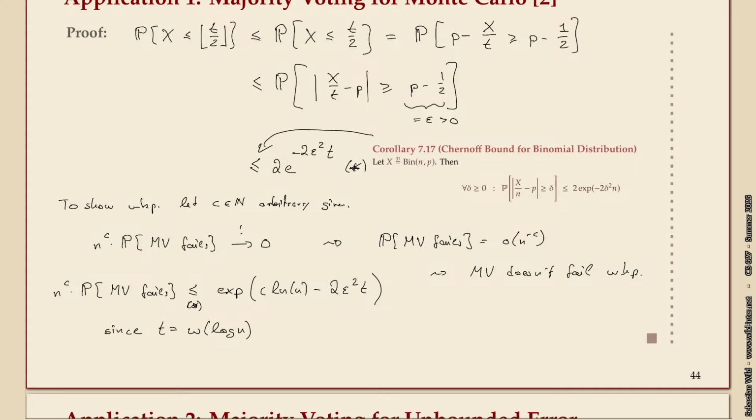So that means the overall thing in the exponent goes to minus infinity because the second part dominates. The t grows bigger. So the exponent goes to minus infinity, which means the exponential is going to 0. And that's what we claimed.